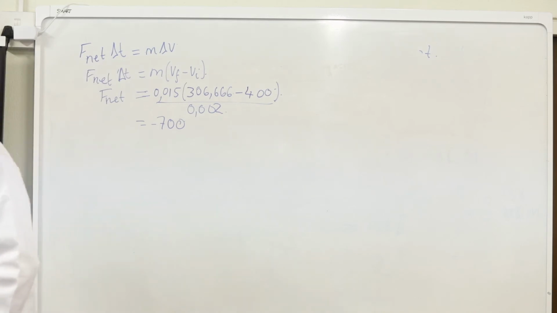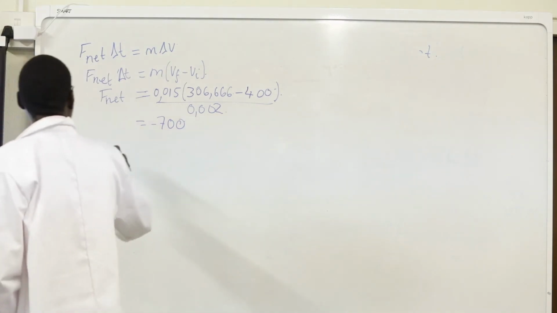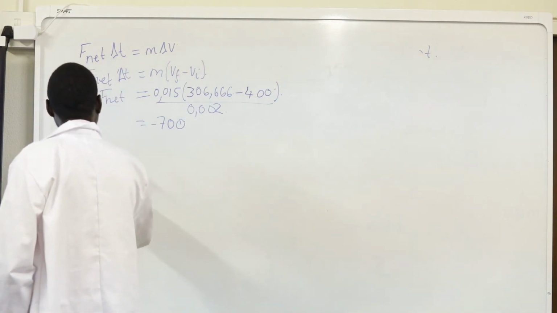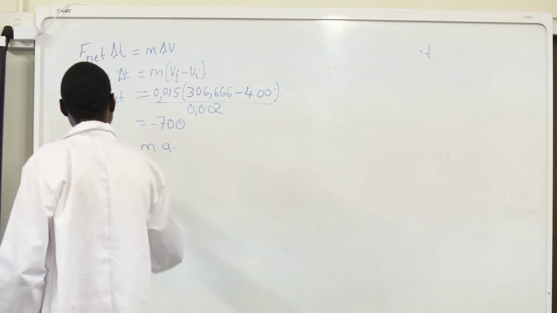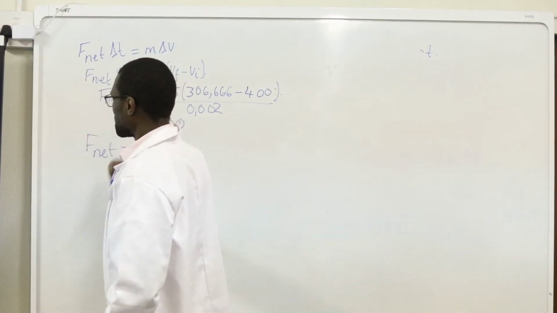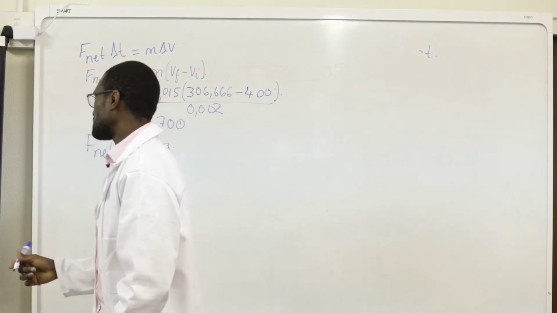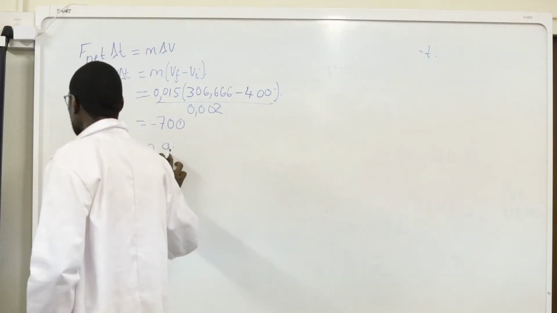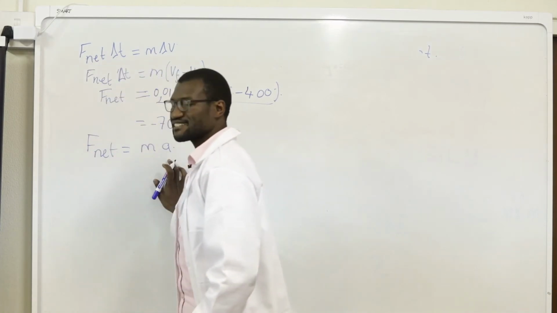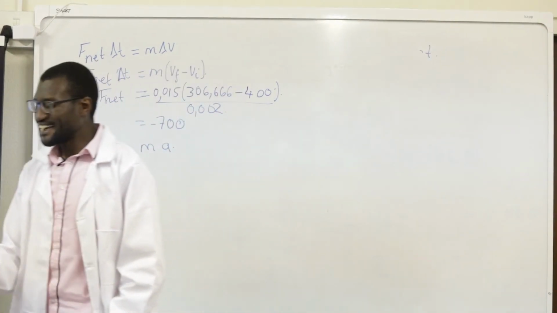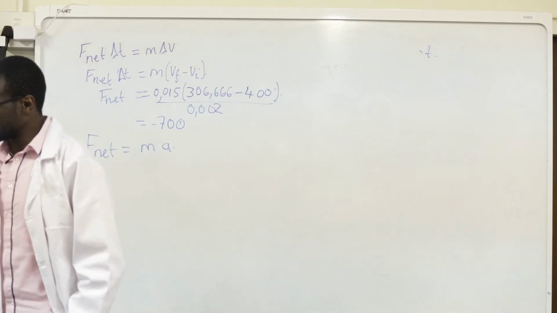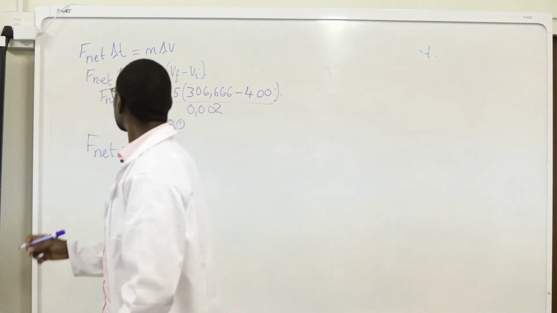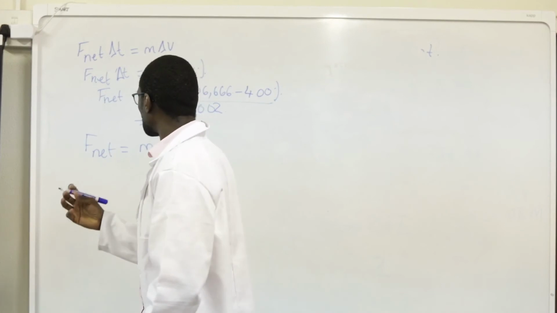Now that we have found the value of our F net, we can use that equation, which I wanted to talk about earlier on, of F net equal to mass times acceleration, in order to find the acceleration of the bullet. Our effort is to try and find the length. So I said this is a longer method. We find the acceleration. After we find the acceleration, we can use the laws of motion to find change in x.